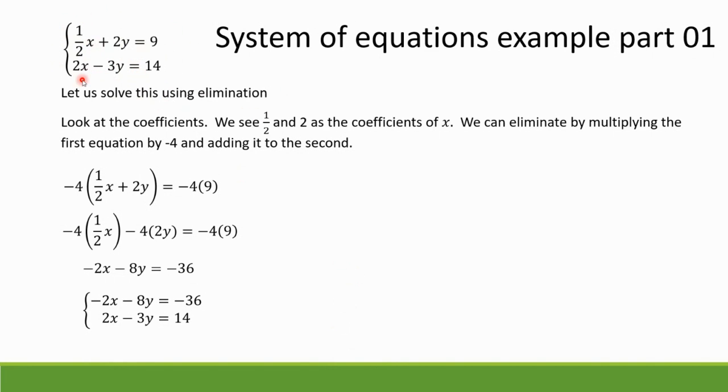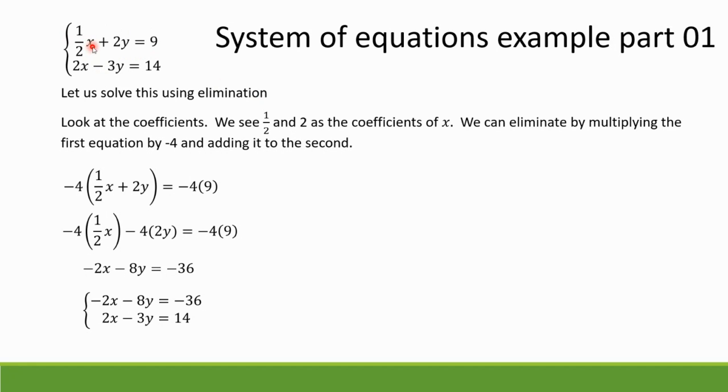Looking at the x's alone, we have a half here, we have 2. But if we multiply a half by -4, we're going to get -2. That tells us we should multiply the first equation by -4 and add it to the second.